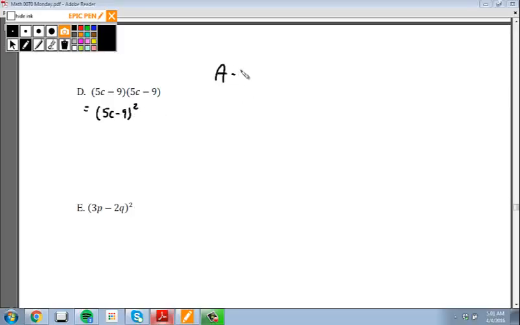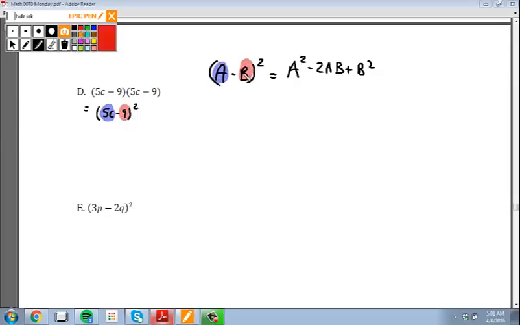And the formula said if you had a minus b all squared, that is going to be a squared minus 2ab plus b squared. And that's sort of what you had here. Alright, so the 5c would be like the a, and the 9 would be like the b, and there is a minus in between.